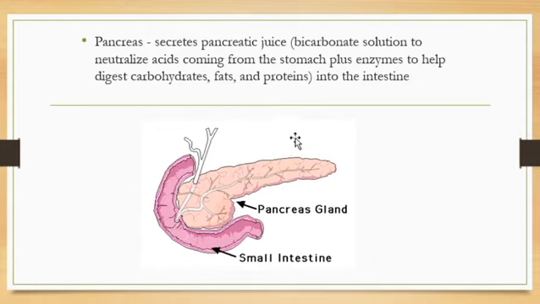Since the stomach releases hydrochloric acid, so that the intestine will not be dissolved by the acid, it releases a bicarbonate solution in the duodenal part. So, you have here a small ampulla of the intestine where the products of the pancreas are released.